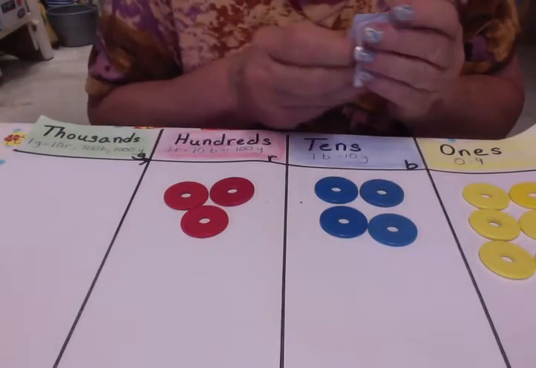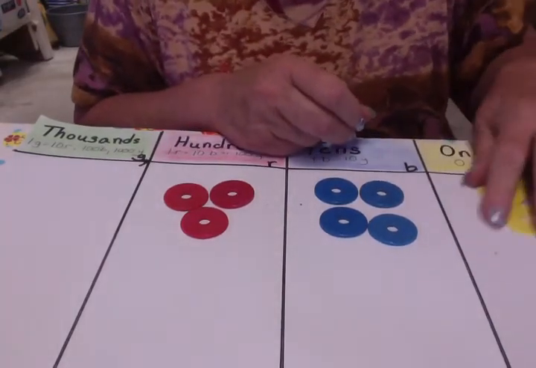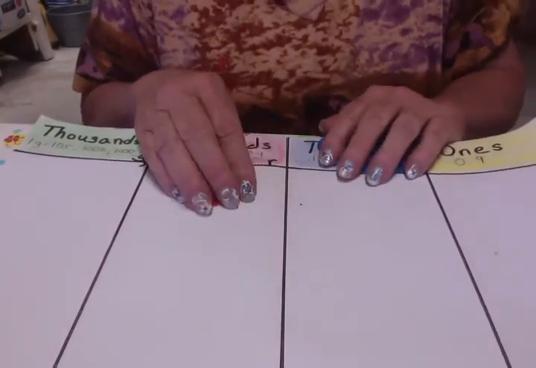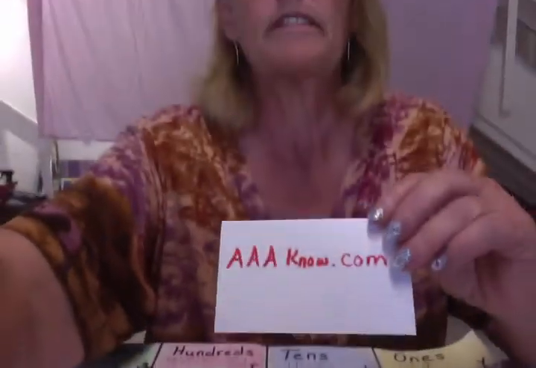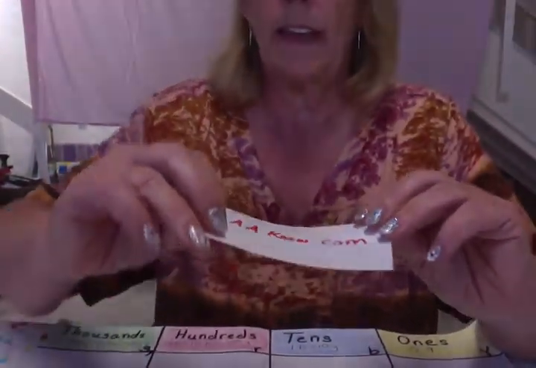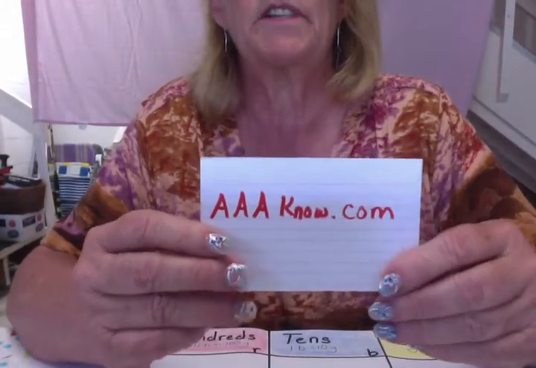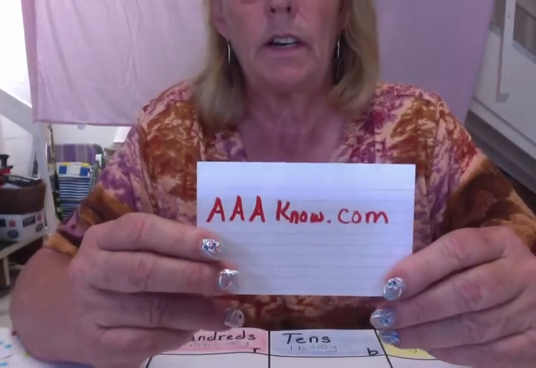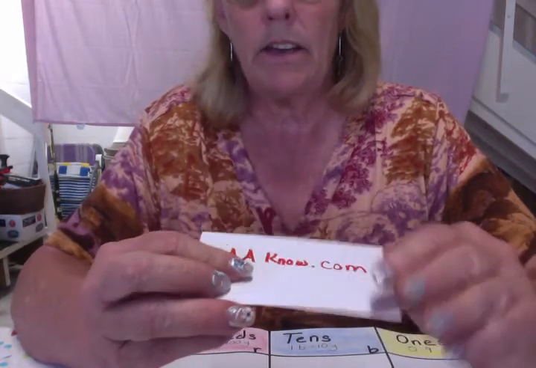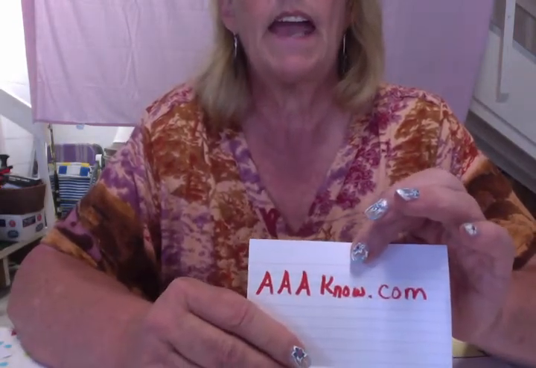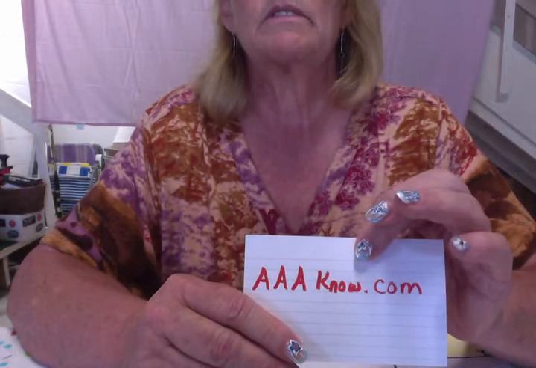Now, you are ready to go and do some practice with these, and I'm going to give you a site that you can go to, and you may already know it. The site is AAA Math, and you would type into your browser AAAKnow.com.